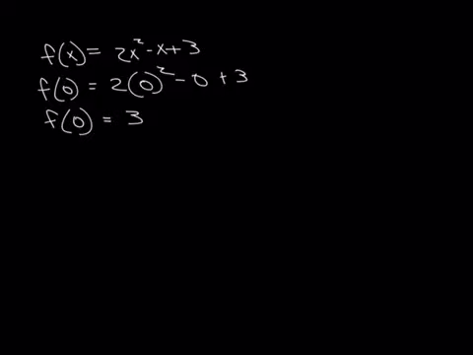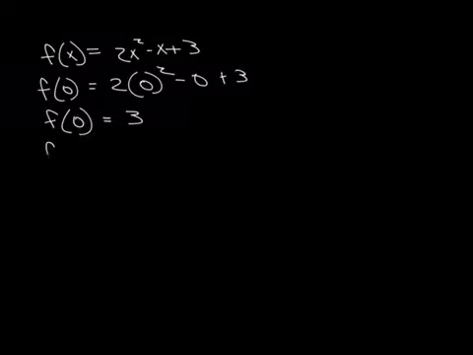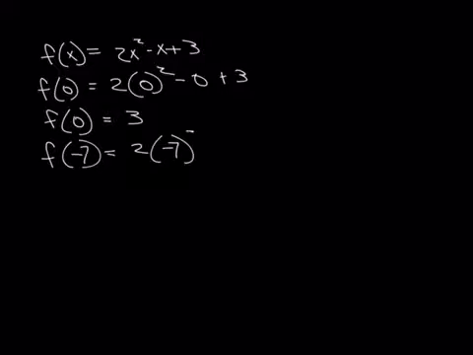Okay? And that's what you get for an answer. The next one says f of negative 7. So that's saying, what am I going to get when I put negative 7 in place of my x? Well, I'm going to get f of negative 7 equals 108.